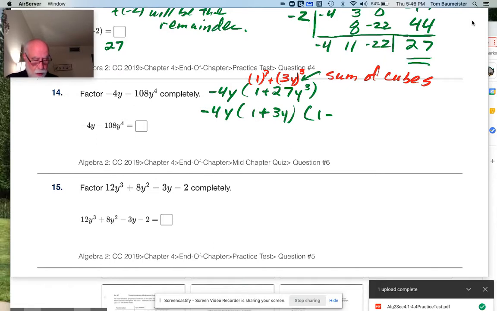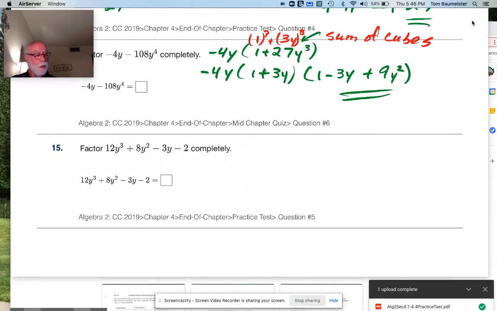So 1 times 3y, and it's just going to be 3y there. And then I'm going to square the last term. So 3 squared is 9, y squared is y squared. And that is as far as I can go on that one. That is factored completely. You'll have them very similar.